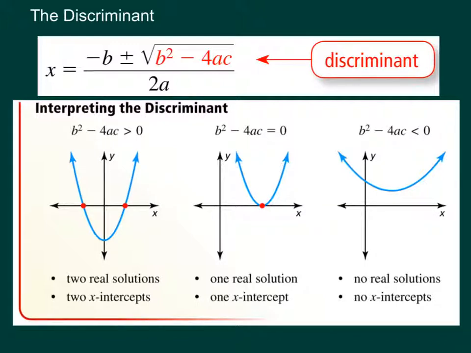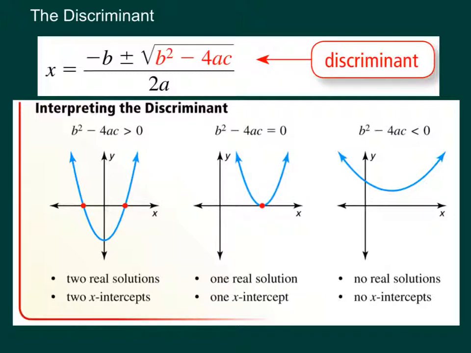So if you have a discriminant that is positive, where the number is greater than 0, you're going to have two real solutions, which will give you two x-intercepts. And that is the connection that we've seen between graphing and solutions in the past. If your b squared minus 4ac is exactly equal to 0, we're going to have one real solution.